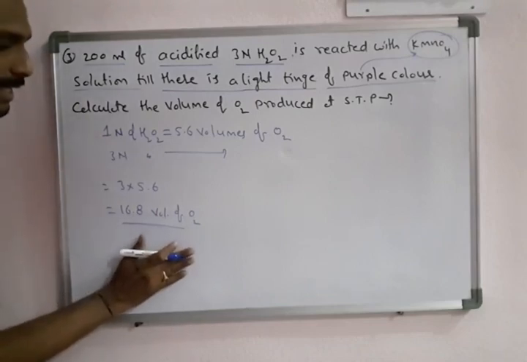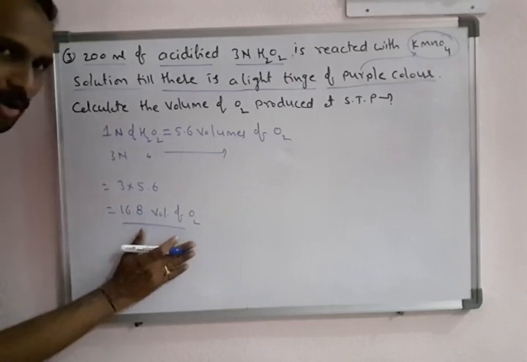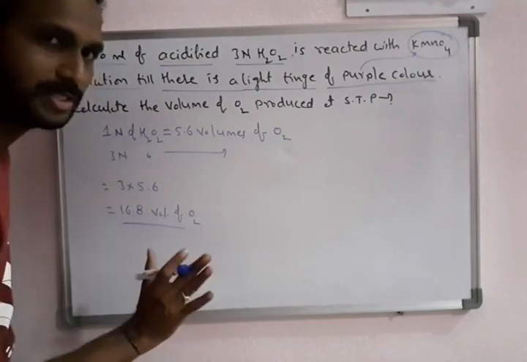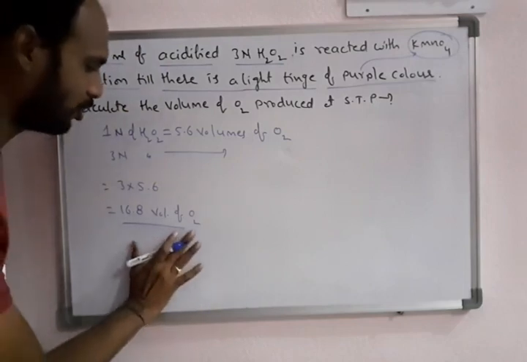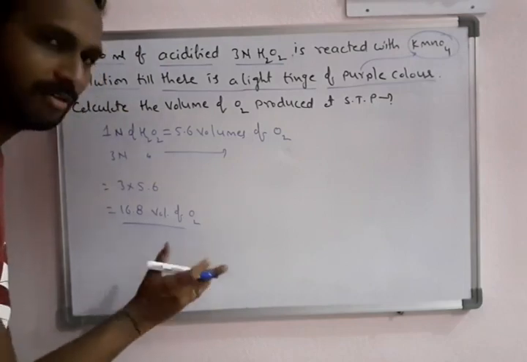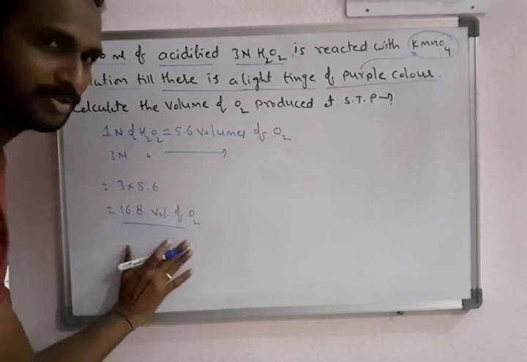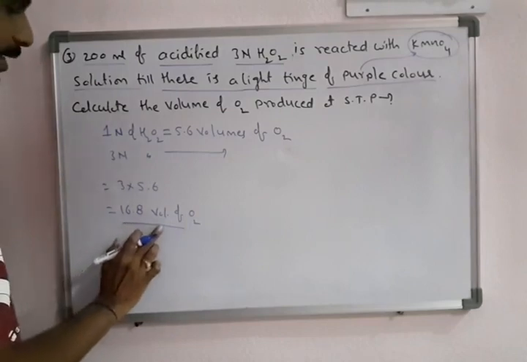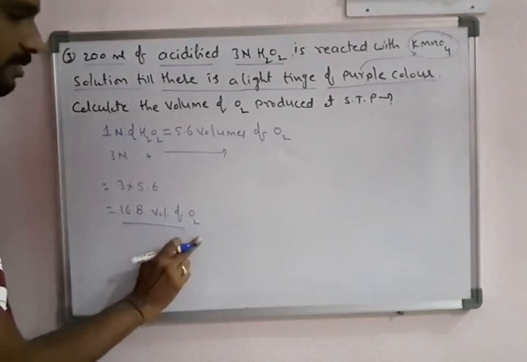So it can be taken as volume strength of hydrogen peroxide or volume of oxygen. There is no change in it. Based on the releasing volume only, we give the name volume strength. That is called available oxygen. So here 16.8 volumes of oxygen is present.